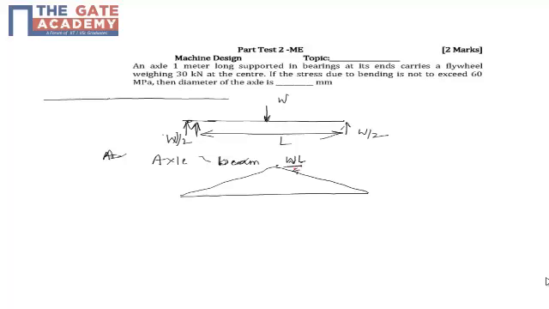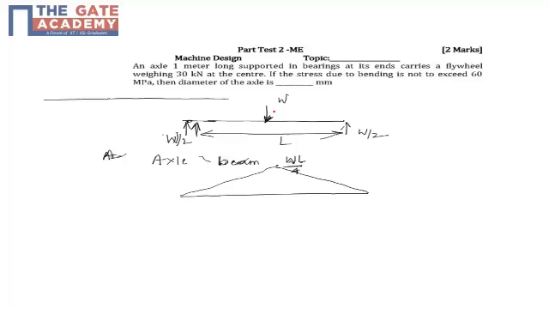So this is the bending moment diagram, and this is the maximum bending moment. Obviously we need to design at this point because it's a constant diameter.